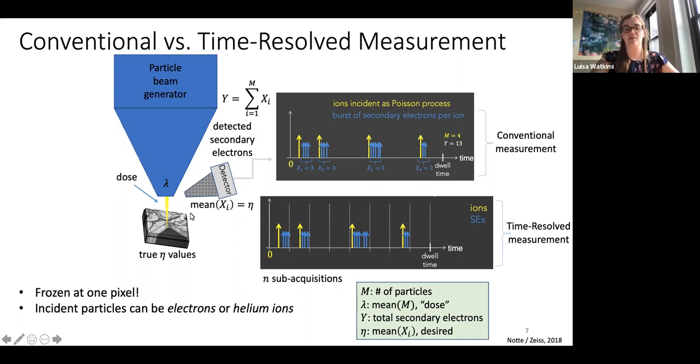And the more we know about the dose, the better we can estimate this eta value, which again, we're trying to get for every single pixel. So that's why this type of measurement, which is able to split up the dwell time into these different subacquisitions, does a much better job, which I'll show in a minute.